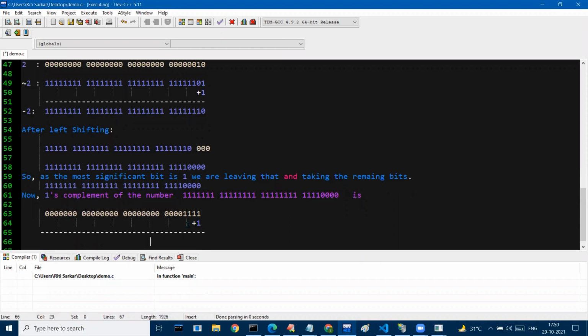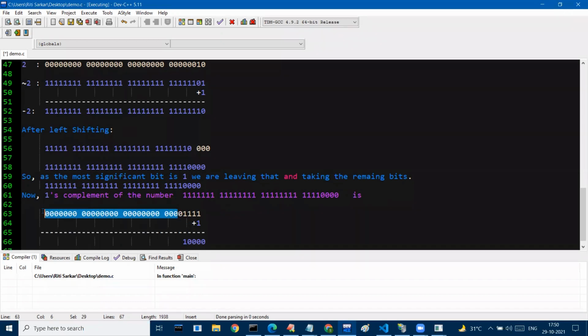See this, 1 plus 1 is 0 with a 1 in hand. Again 1 1 0 with a 1 in hand, again 1 1 0 with a 1 in hand. Now we are putting this one here.